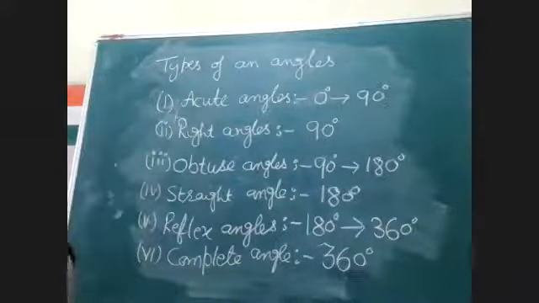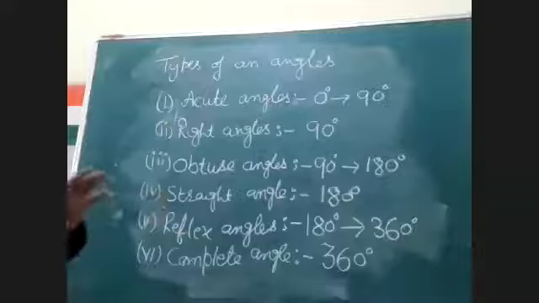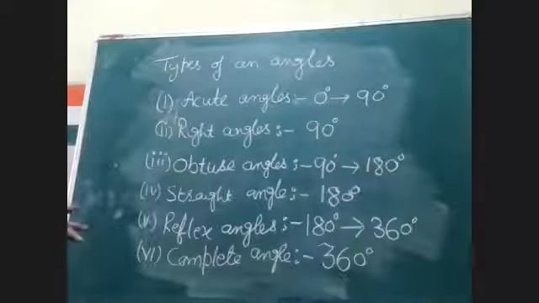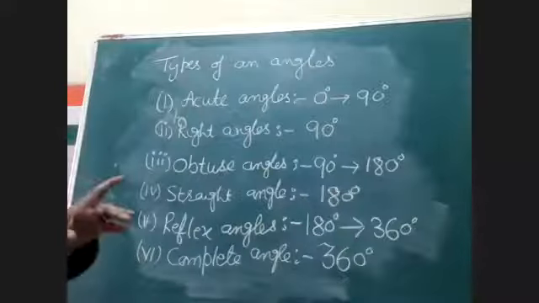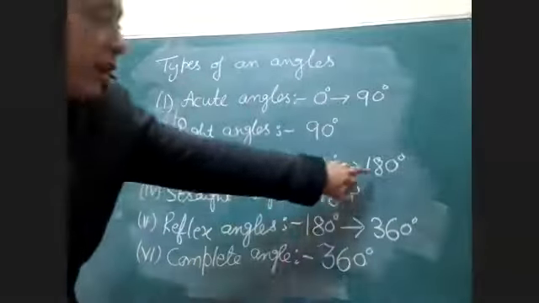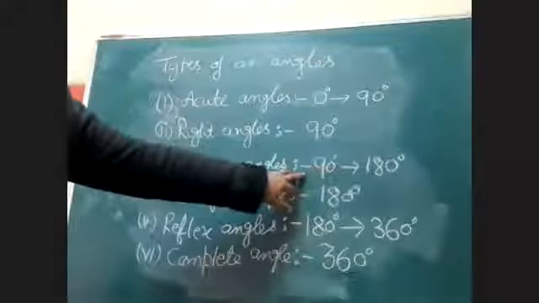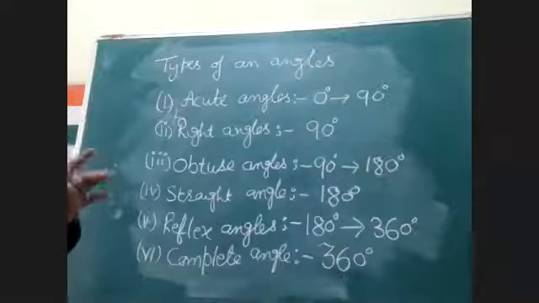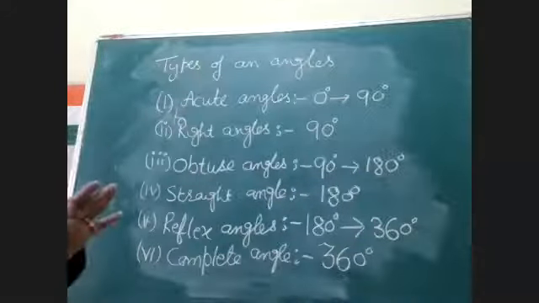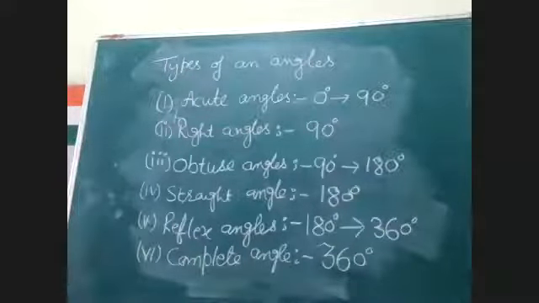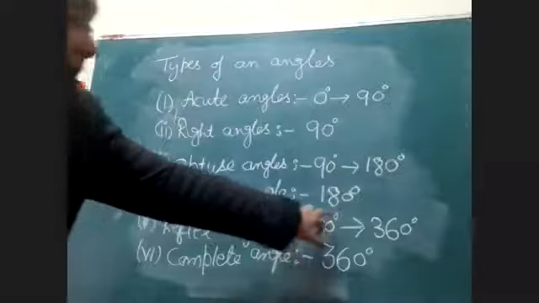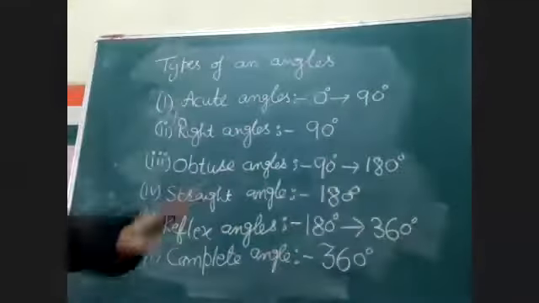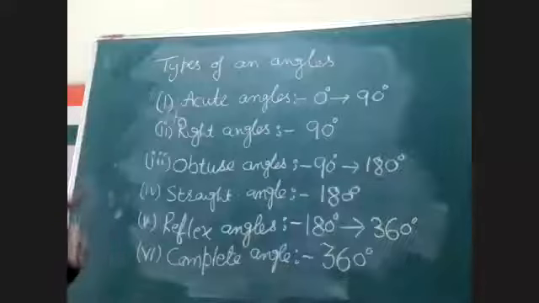Third type is obtuse angles, which measure more than 90 degrees but less than 180 degrees. Next is the straight angle, which measures 180 degrees. Next is reflex angles, more than 180 degrees but less than 360 degrees. And the complete angle is 360.